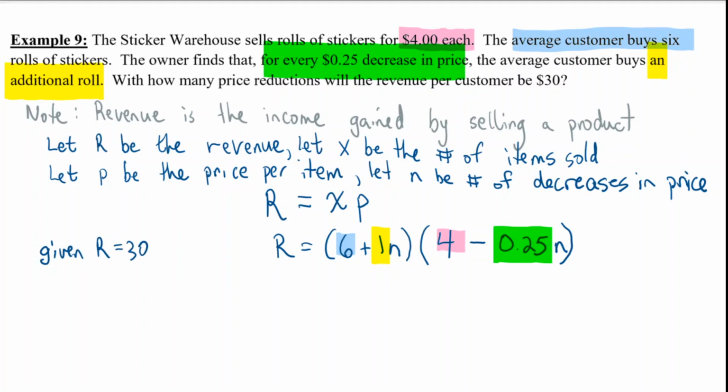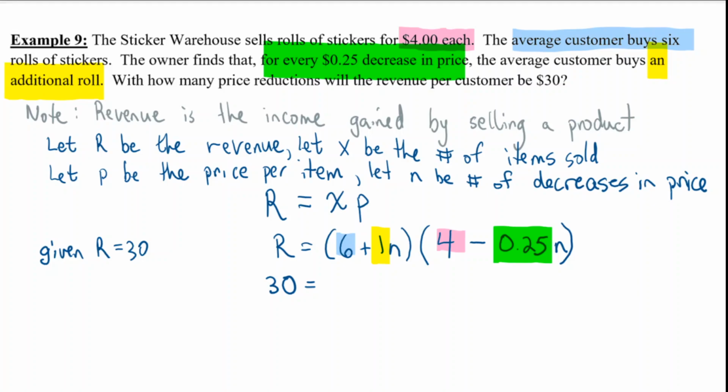So in this situation, we could just put the revenue in as 30. After we're done with this particular situation, I'm going to show you a more general situation because I was talking about earlier, the idea is to maximize the revenue, right? So let's see if this n that we find, this number of decreases in the price, is 30 going to be the actual maximum revenue? And we'll check that.